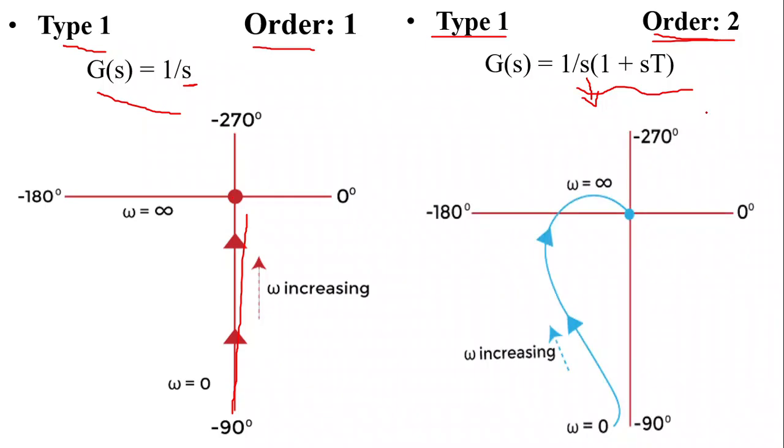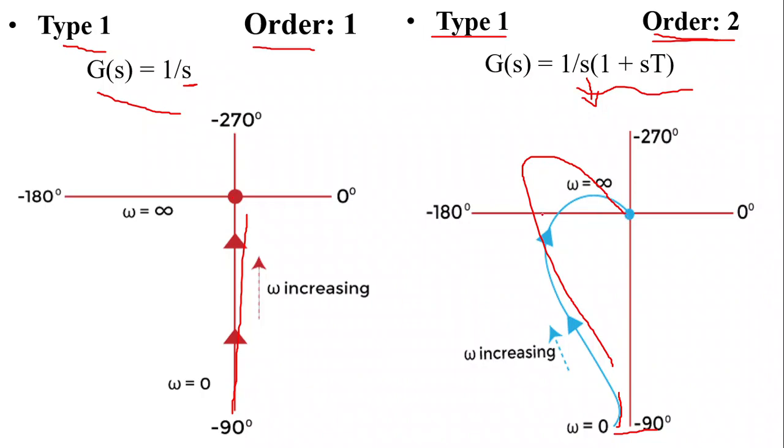And the polar plot representation is like that. How? Here we start at omega equal to 0 for a type 1 system, where we have minus 90 degrees. So we start at this point and then increase to omega equal to infinity, where this polar plot ends at the order 2 system.